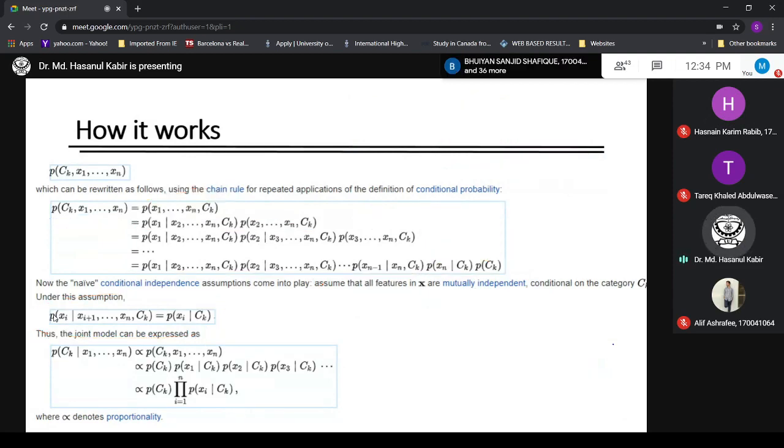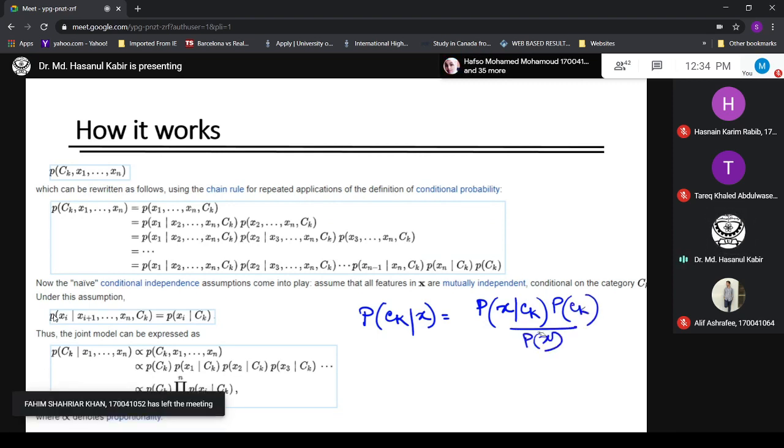So if you understand this, where have we started with? We started with probability of the kth class given x. That means we have to compute the posterior probability of the kth class, and we converted this into the likelihood, x given class, into probability of class, divided by probability of x, right?